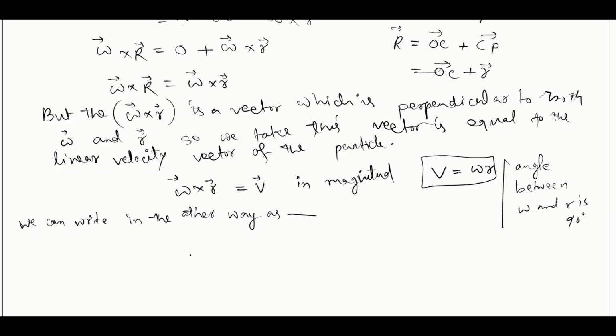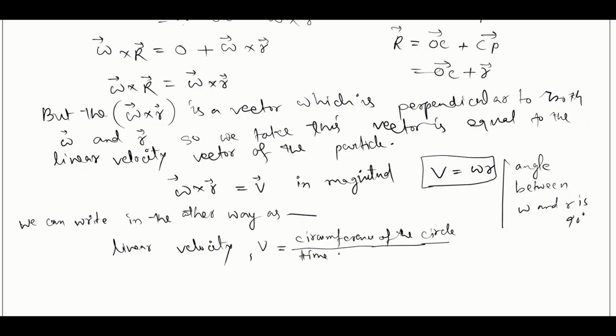As the particle is at a distance of r from the center of the circle, then the linear velocity v is equal to the circumference of the circle divided by the time taken.